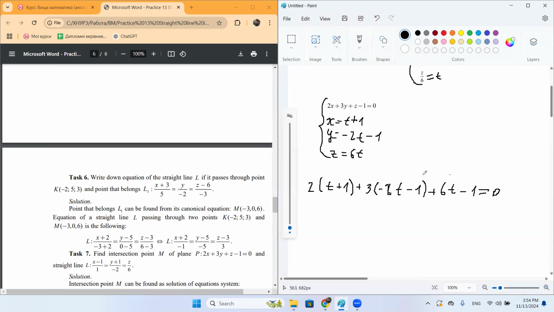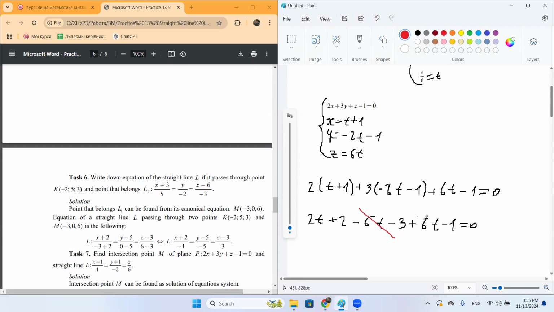with respect to t. Just solve a linear equation with respect to t. So 2t plus 2 minus 6t minus 3 plus 6t minus 1 equals 0.